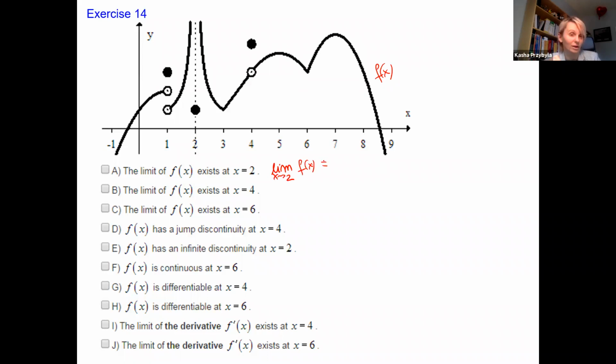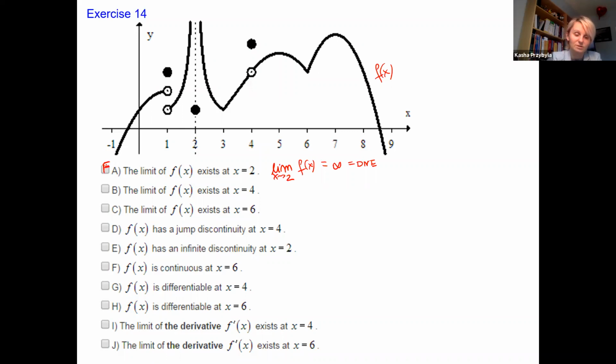We can see on the left-hand side it goes up, on the right-hand side it goes up. That means I can say infinity. But is infinity a finite number? No, that means we will still say that the limit doesn't exist, or is undefined as a finite number. That means this is a false statement.